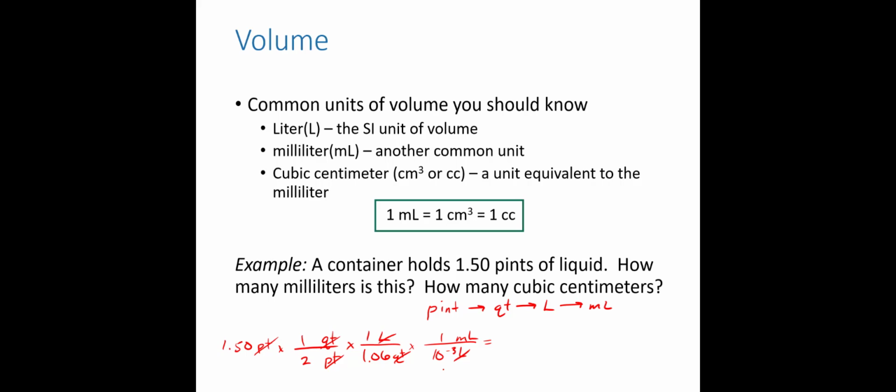Alright, so I'm going to go ahead and put this in the calculator. Now I'm going to read out exactly how I solve this. Since all of these numbers are in the denominator, I'm going to divide by all of them, and that will get me the correct answer. So I have 1.50 divided by 2 divided by 1.06 divided by 10 to the power negative 3.